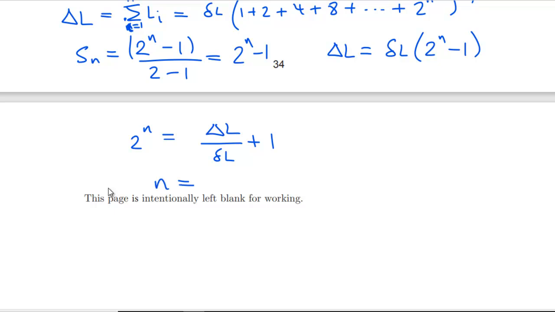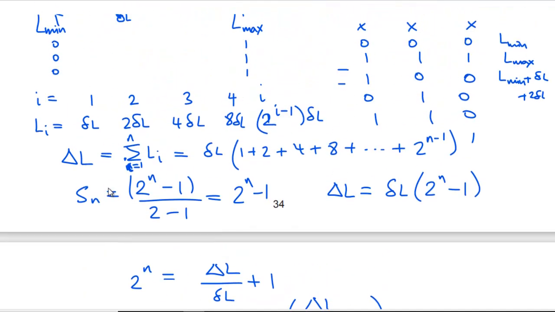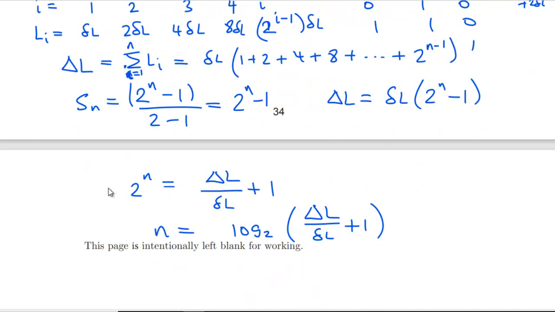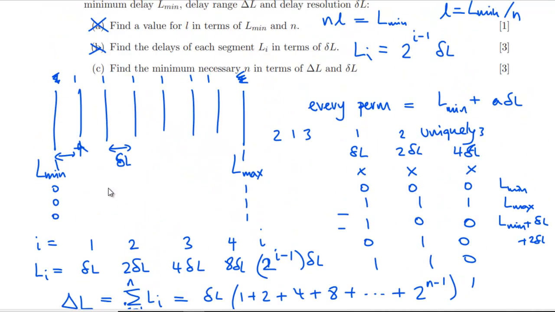So N is equal to log base 2 of big delta L over little delta L plus 1. That seems a little bit of a concern, because we want N to be an integer, and that isn't necessarily going to give an integer.